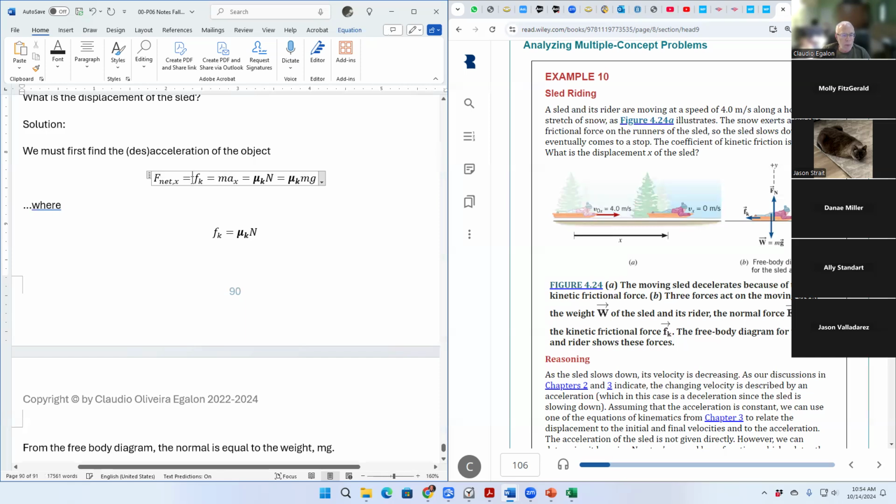Strictly speaking, I should be putting a negative sign here. Okay? Because the positive axis is to the right, strictly speaking. And if you have a negative sign here, you must have a negative sign here as well, okay? And then we're gonna get a negative acceleration.